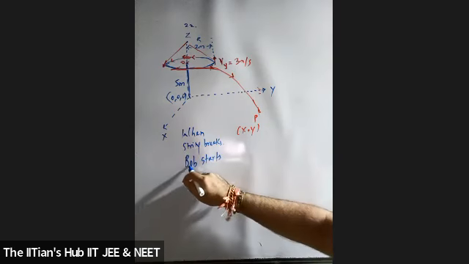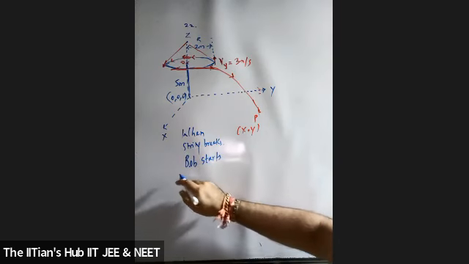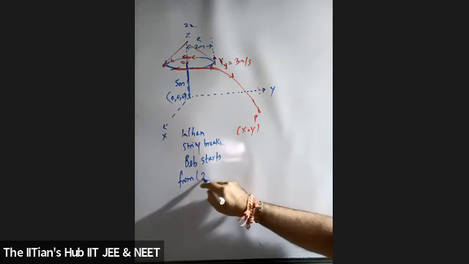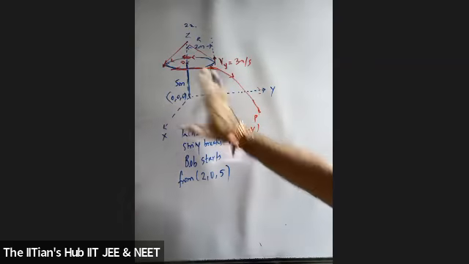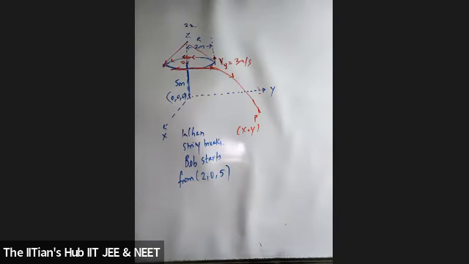The bob starts from 2, 0, 5. ये सबको आना चाहिए, ये basic है, students. 2, 0, 5, because it's just about the x-axis we consider.